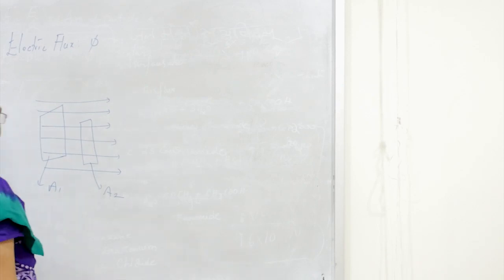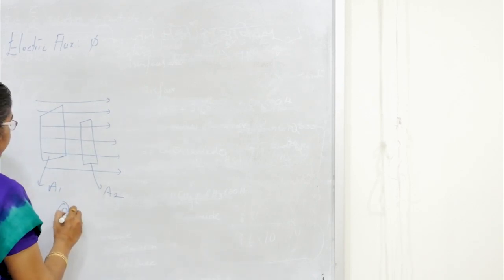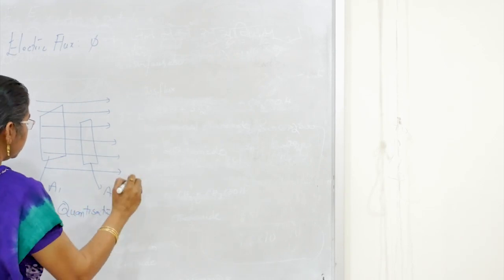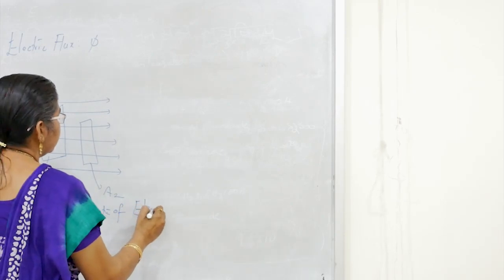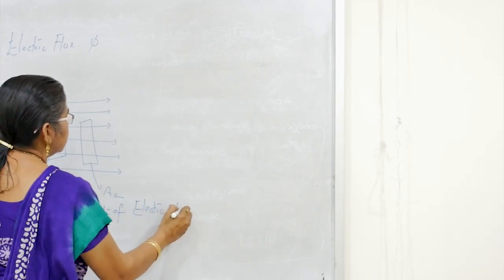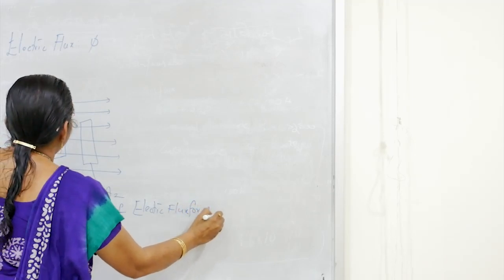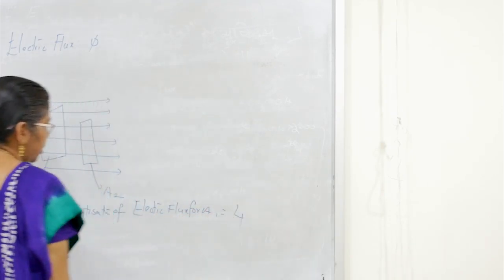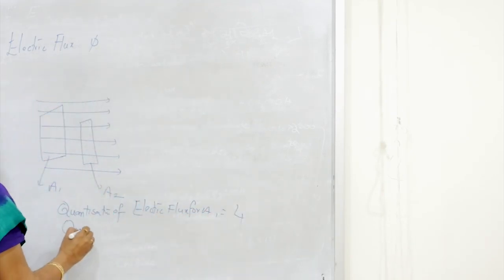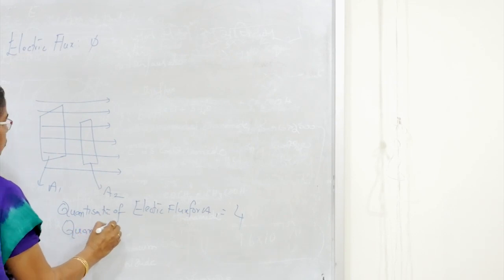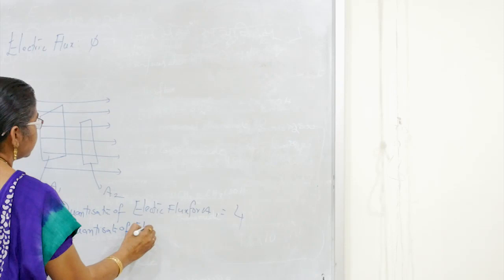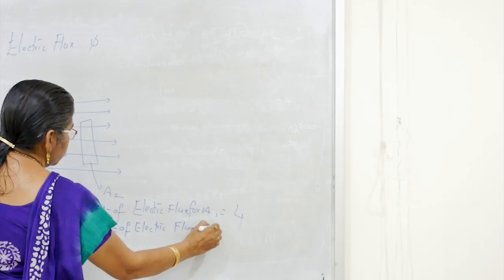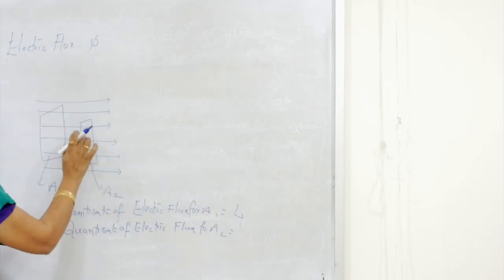So for the quantization of electric flux, for A1 there are 1, 2, 3, 4 lines. Similarly, the quantization of electric flux for A2 is 1, 2, 3.